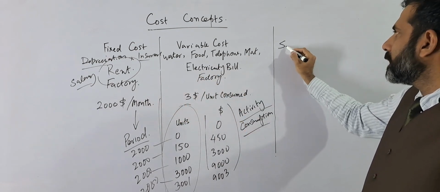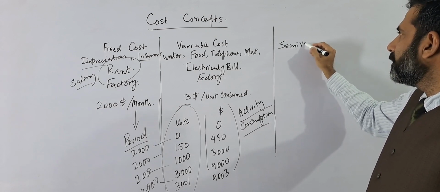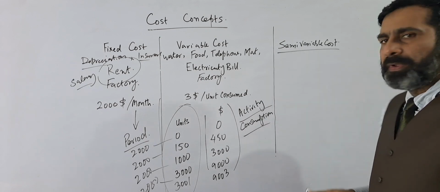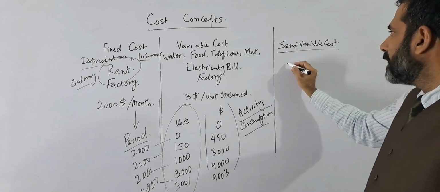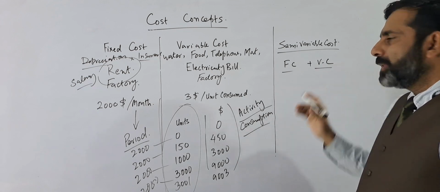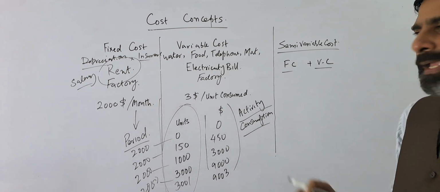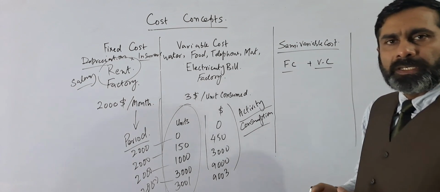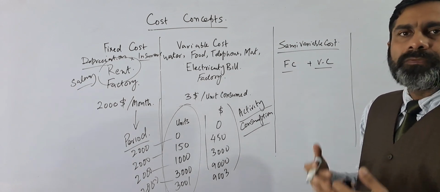Then one more concept is the semi-variable cost. A semi-variable cost is both a fixed cost and a variable cost. Some of the cost is fixed, and some portion is variable, changing per unit or with respect to the consumption.